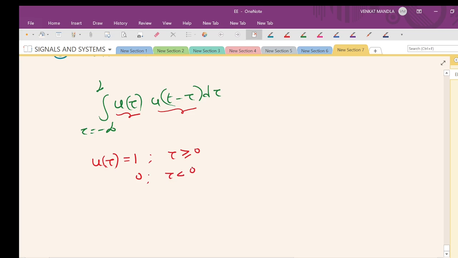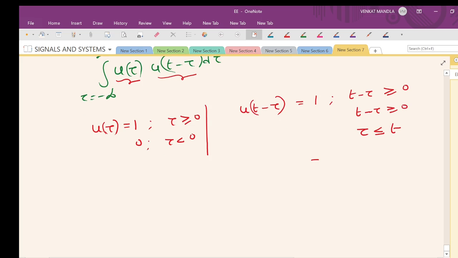The second signal u of t minus tau equals 1 if t minus tau is greater than or equal to 0, that is, tau is less than or equal to t, and it is 0 if tau is greater than t.